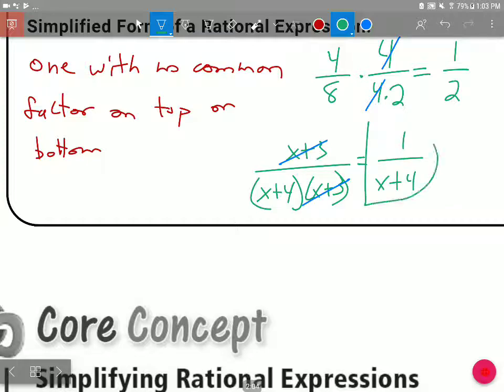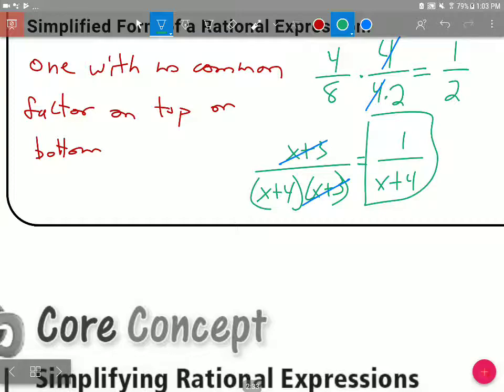So that is a simplified rational expression. We have removed any factor that is the same on top and bottom. Now you can have the same thing both on bottom, like 2x plus 4 is on bottom. That's fine, but we don't have the same ones on top and on bottom. It's the same property we use to reduce any fraction. We're just canceling out the common numbers on top and bottom.